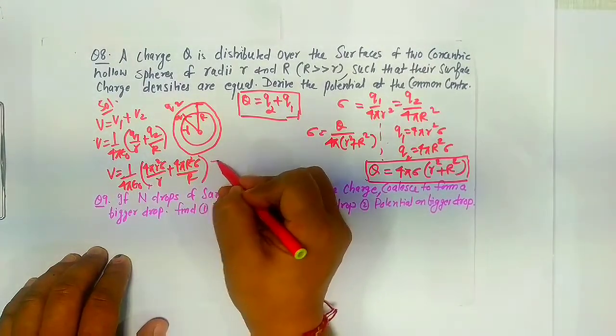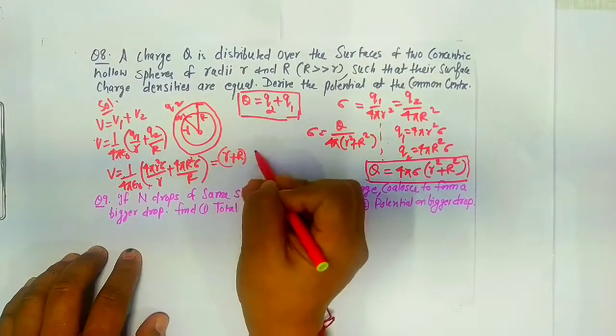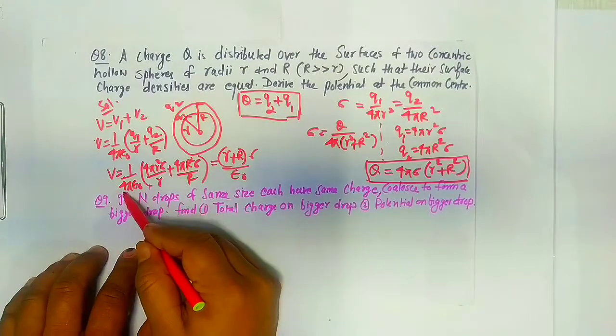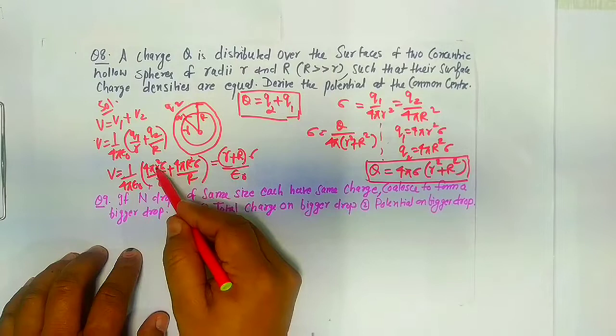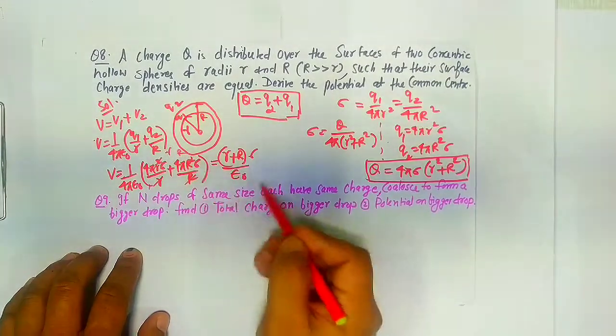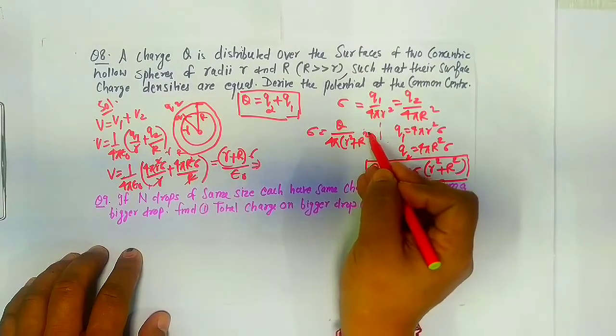Do you know what you get? You get r plus R into sigma by epsilon naught. The 4 pi will cancel with 4 pi, r square will become r, and from here it will be single R. So you will get this, and put the value of sigma. Now what is the value of sigma? This one.